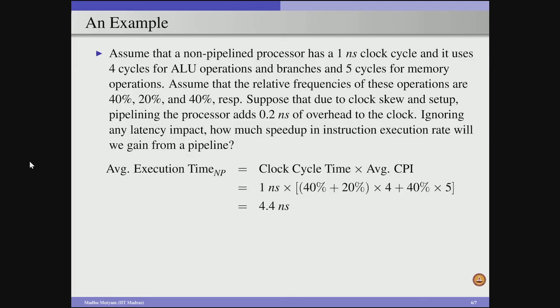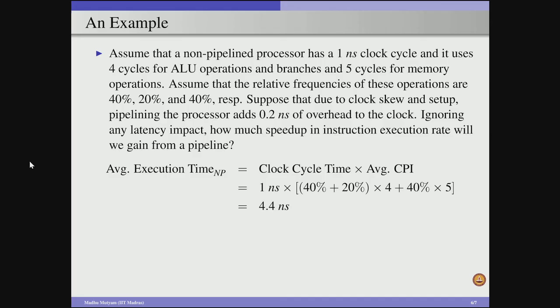If you are considering a non-pipeline design, we know that 40% of the instructions are ALU operations, which take 4 cycle latency, and 20% of the instructions are branch instructions which also take 4 cycle latency, and 40% of the instructions are memory operations which take 5 clock cycles, and each clock cycle takes 1 nanosecond.